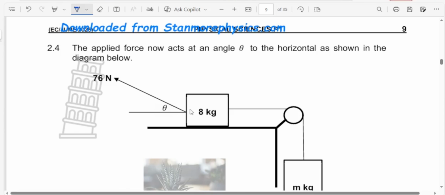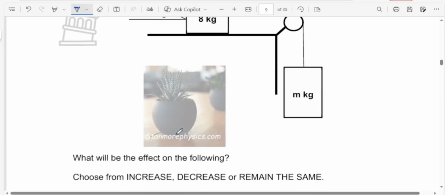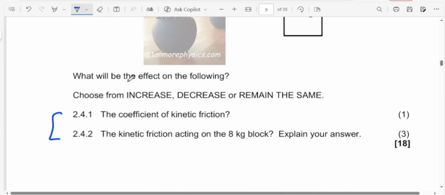So now, without getting confused, because we already know the question they will ask. They say, what will the effect on the following be? The coefficient of kinetic friction. How will this affect the coefficient of kinetic friction?